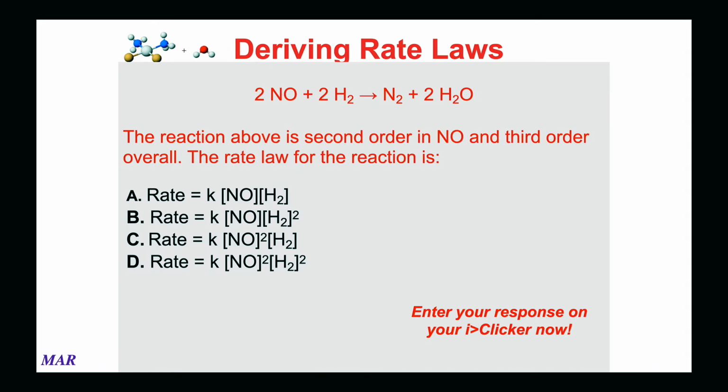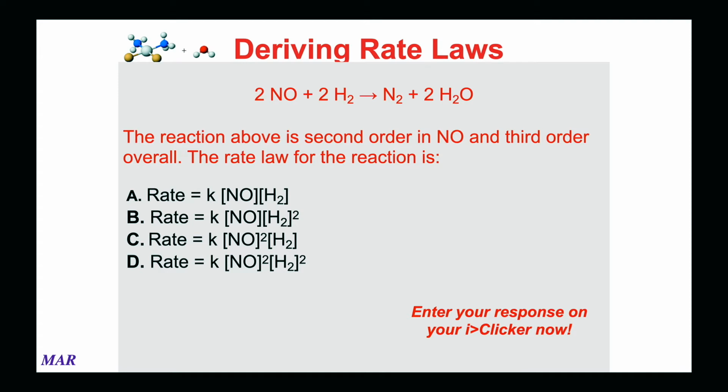Here's a reaction. 2NO plus 2H2 goes to N2 and 2 waters. And it says that the reaction above is second order in NO and third order overall. And it asks, what's the rate law for this reaction? Okay, so what we're trying to do here is find rate equals K times NO to the X and H2 to the Y. And it says there that the reaction is second order in NO. So the NO to the X, that means the little x, the superscript up and to the right of NO, will be 2.